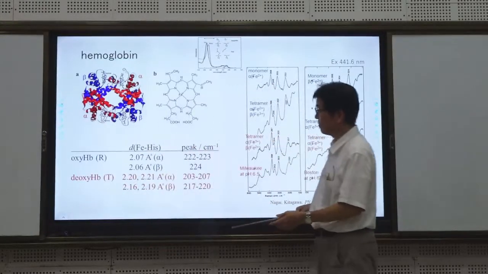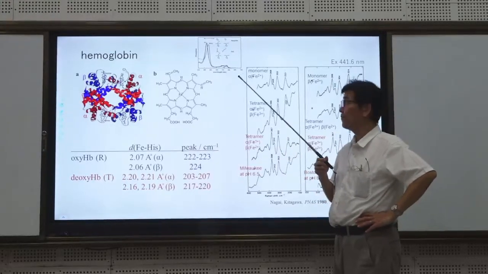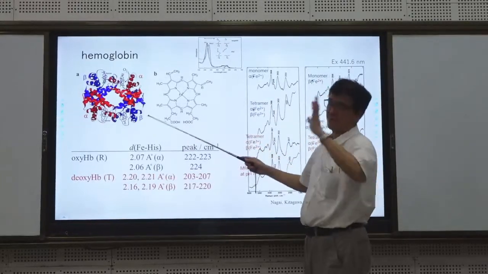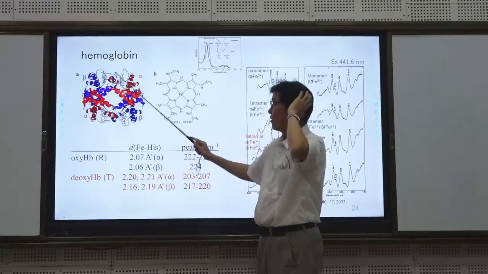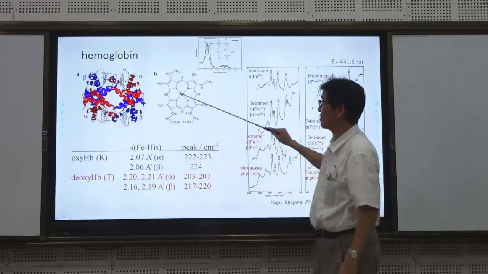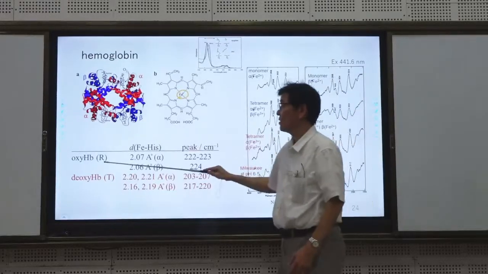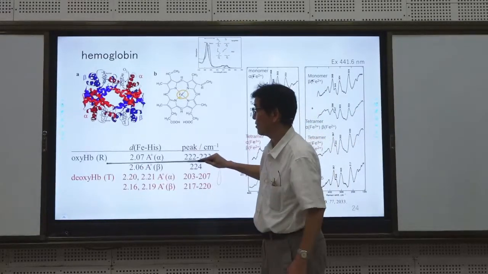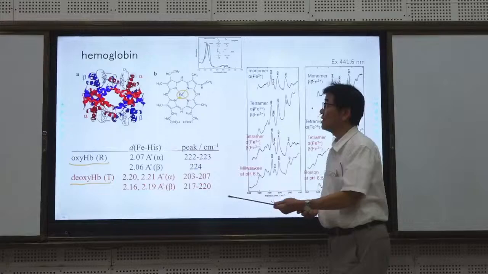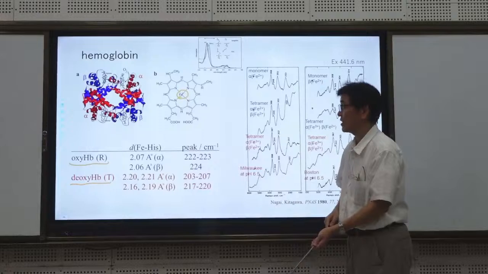According to X-ray crystallography, they say, sorry, I should explain what it is. Oxyhemoglobin, deoxyhemoglobin. Okay, so depending on the oxidation state of iron at the center of heme, it can be classified to oxyhemoglobin and deoxyhemoglobin, and its function, affinity to oxygen, is different.